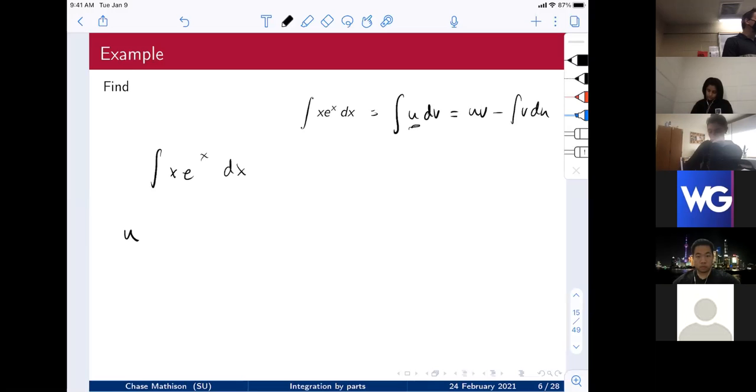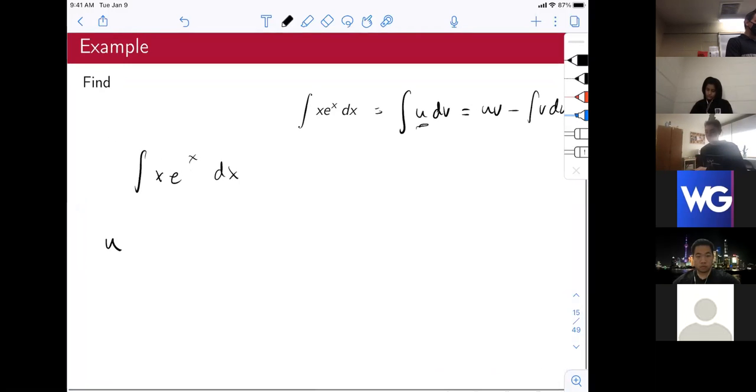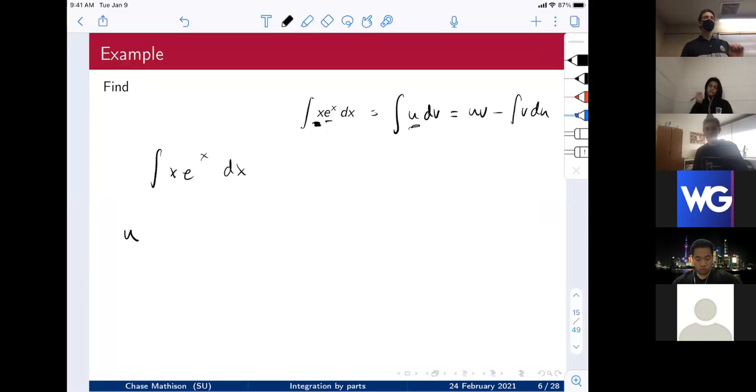Okay, so we really have a couple of choices for u. The two obvious choices for u are u equals x or u equals e to the x. I'm going to tell you later a rule of thumb for how to pick what u should be.